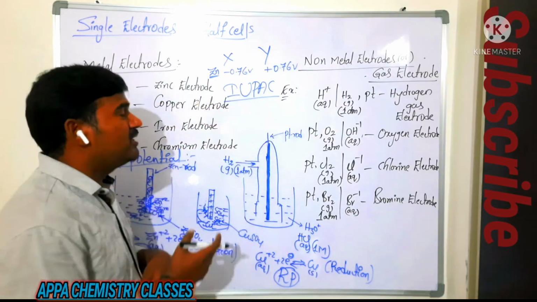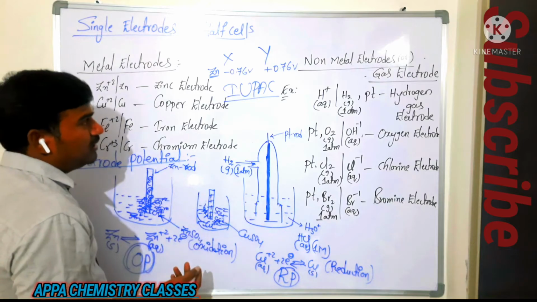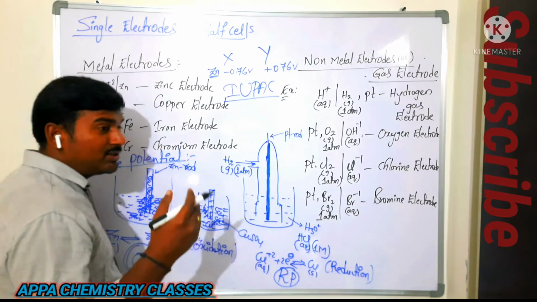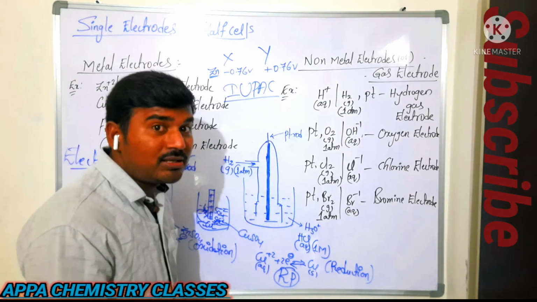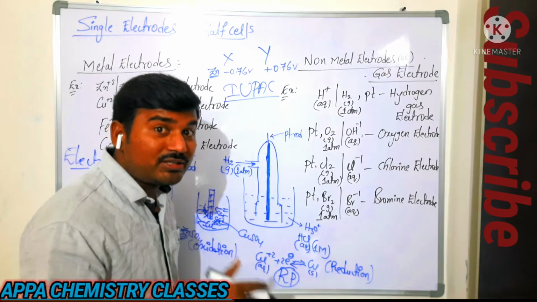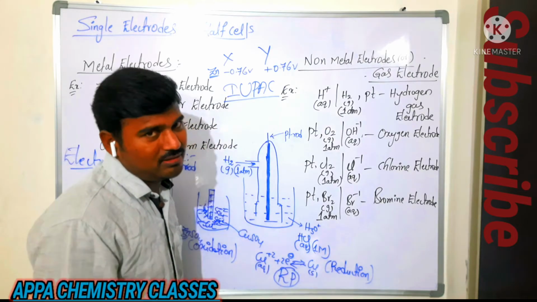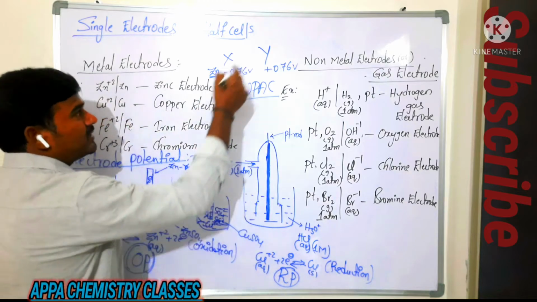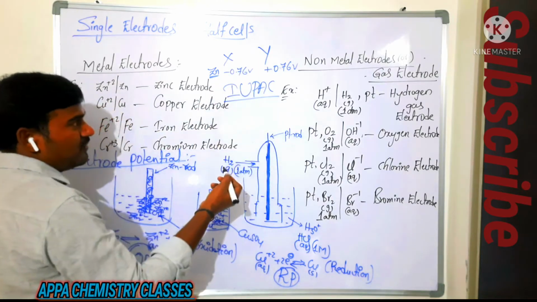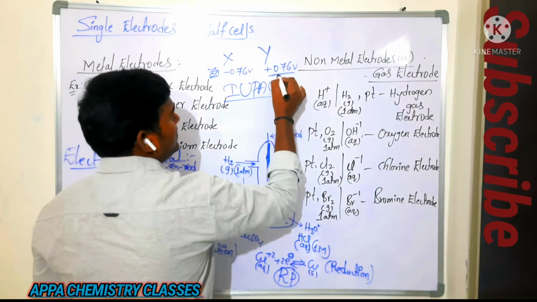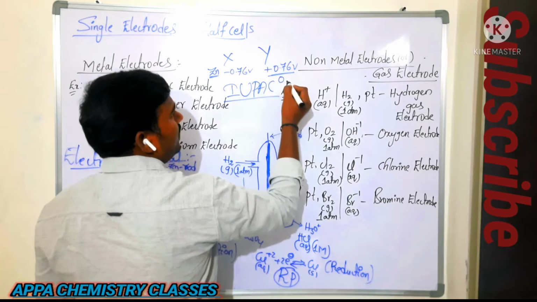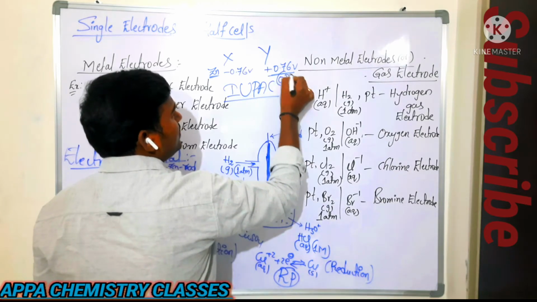So IUPAC told that it depends on whether that electrode has gained electron or whether that electrode has lost the electron. That depends. If it has lost the electron, by loss of electron you will get plus 0.76. That is what we call oxidation potential.